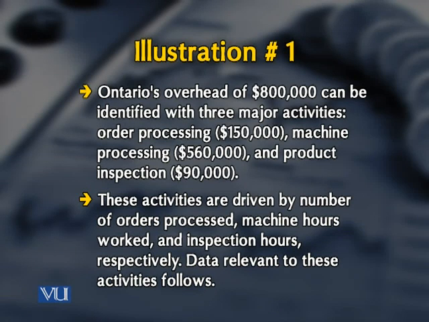So let me explain once again that there are three cost pools: machine processing, order processing, and product inspection. Similarly, there are three cost drivers: number of orders, then machine hours, and the inspection hours.